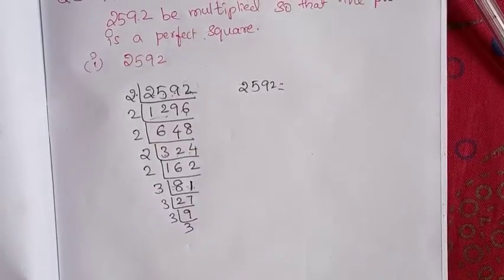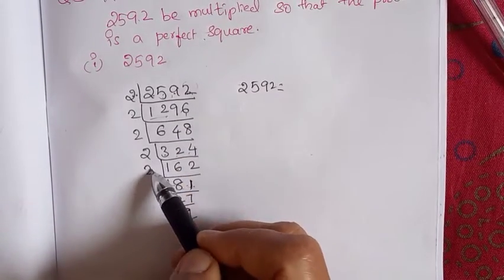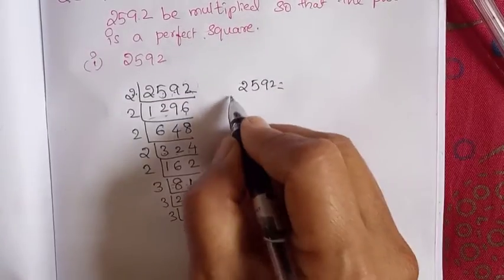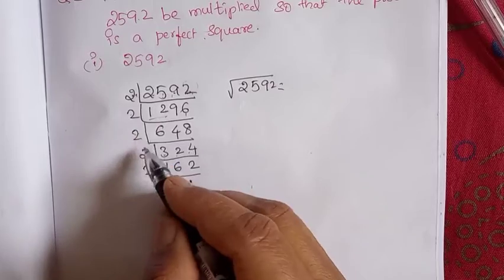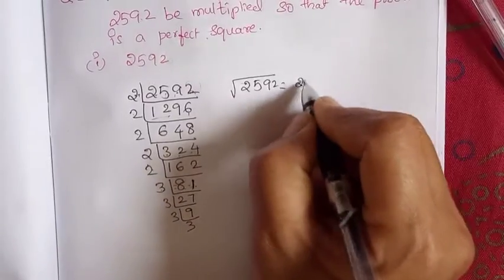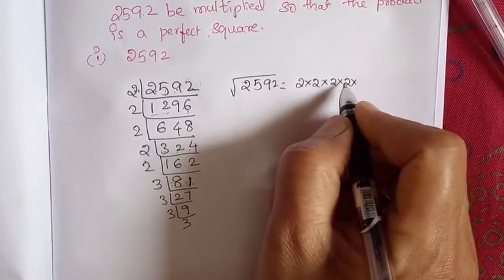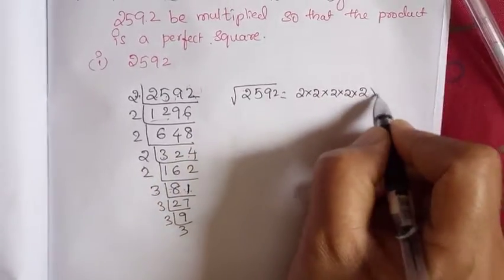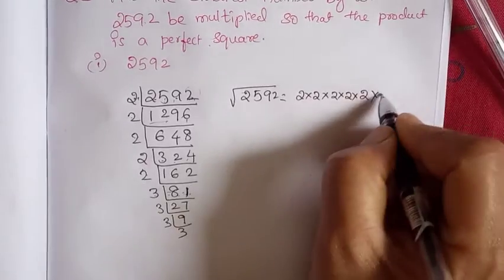2592 is equal to: how many twos are there? 1, 2, 3, 4, 5. We will go with the square root. How many threes are there? 1, 2, 3, 4.